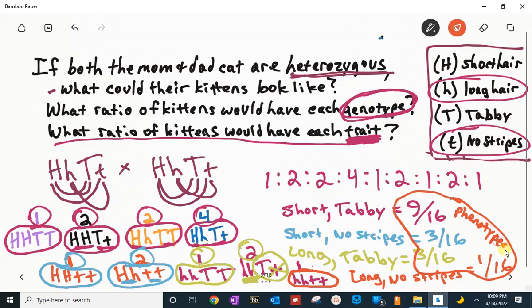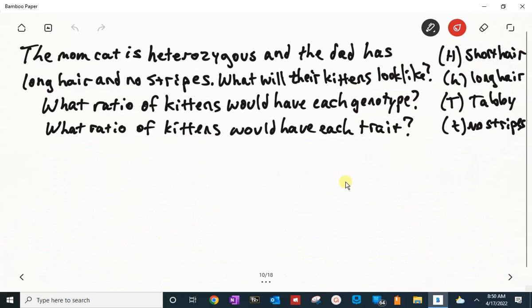Okay, so in this question, the mom cat is heterozygous and the dad has long hair and no stripes. The mom cat is heterozygous, and heterozygous means different.